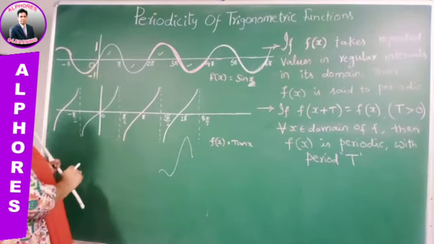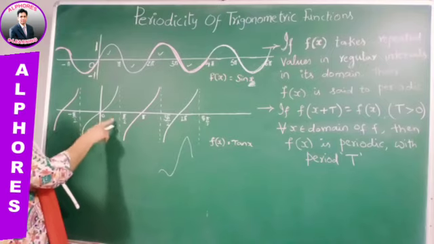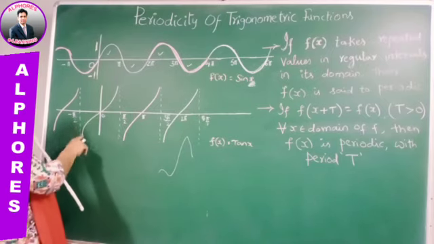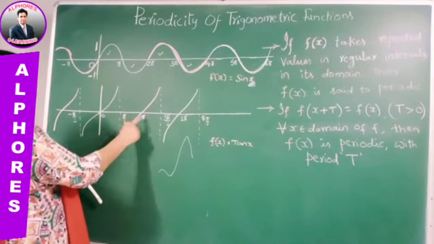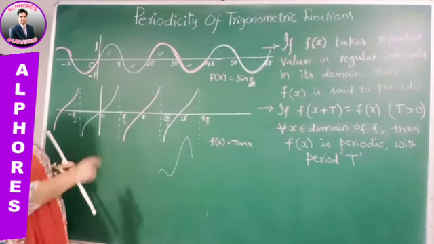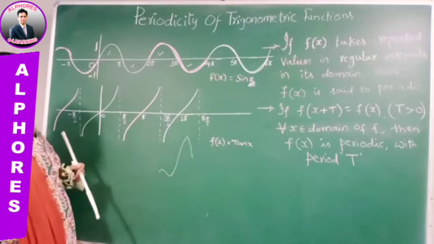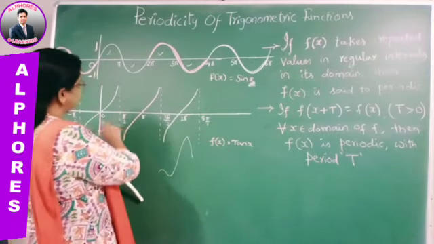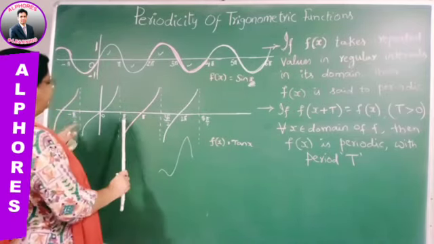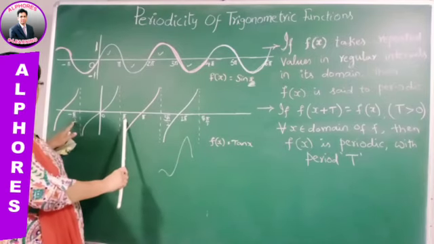Observe students, in the tan function from -pi by 2 to pi by 2, this is the shape of the curve, and pi by 2 to 3 pi by 2 again the same shape, and next 3 pi by 2 to 5 pi by 2 also the same shape. So what is the gap? Pi by 2 minus of minus pi by 2.